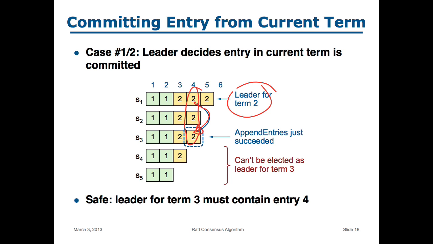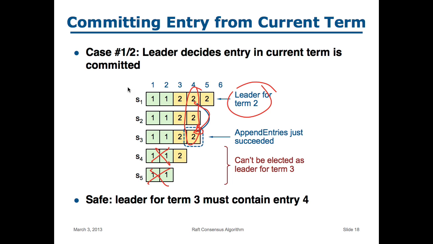Now you can see that at this point in time, this entry is safe. That is, the leader for the next term must contain this entry, and we can see that just by considering the rules. S5 can't become leader for the next term because its term is older than the other servers. There's no way you could get a majority of servers with terms that old. S4 can't become leader because it won't be able to get votes from anybody else, because although the last terms are the same, S4's log is too short.